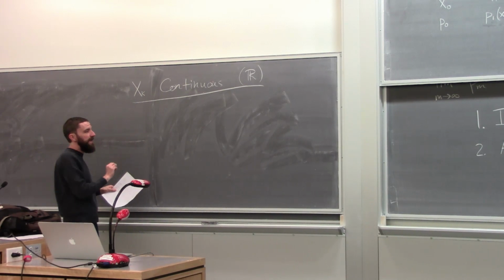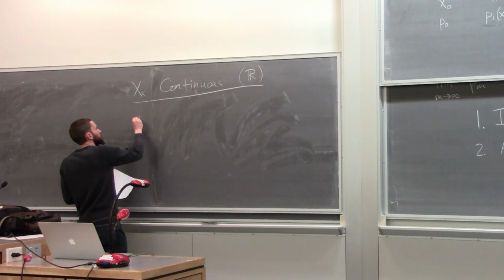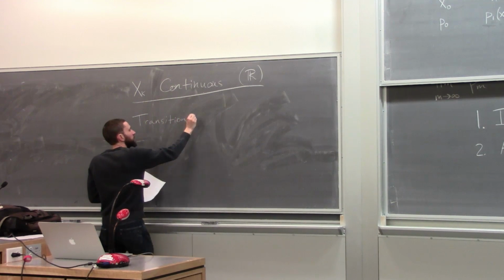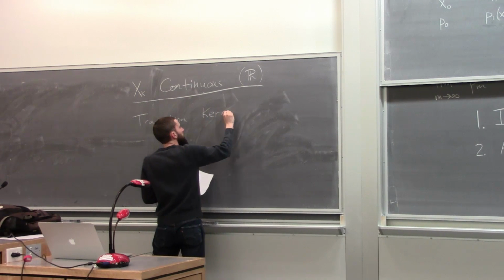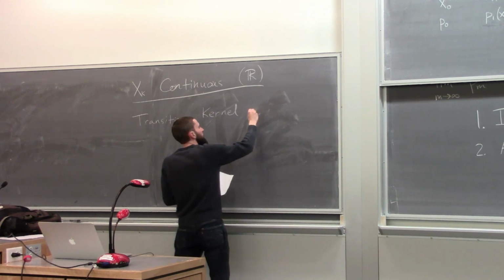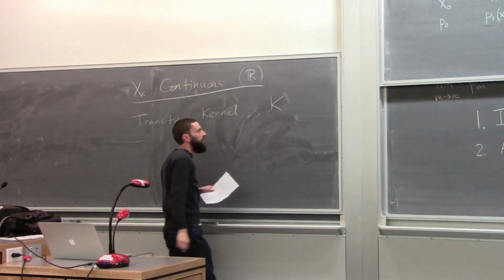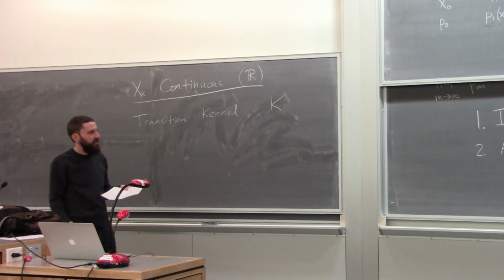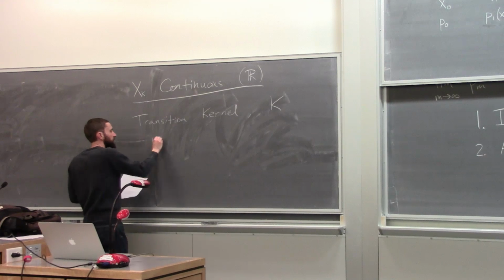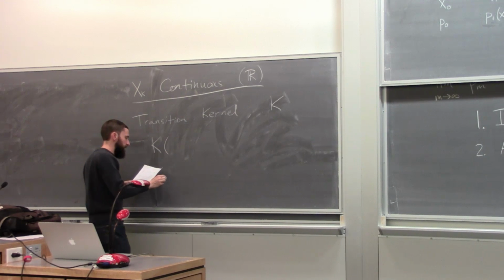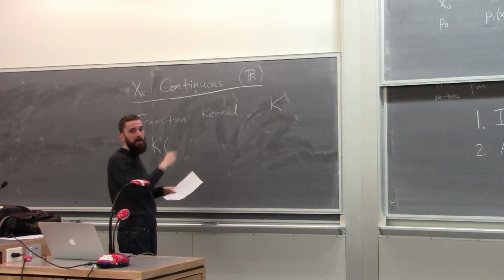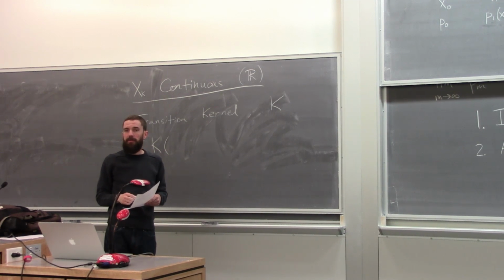Then we're going to replace the transition matrix with a transition kernel. I'm going to call this K for kernel, just to distinguish it from T. You could also call it T, but it's a different type of object. It's just defined as the conditional distribution that you get from the arrows.